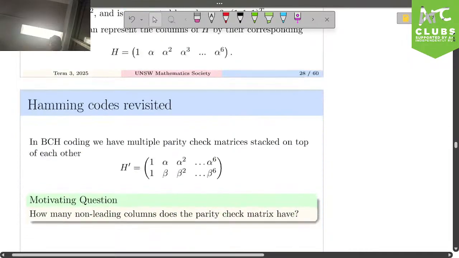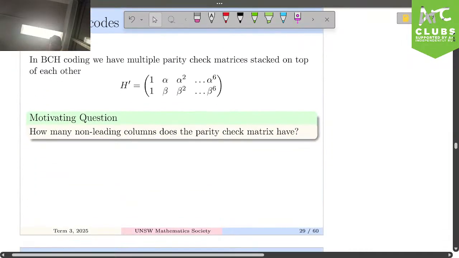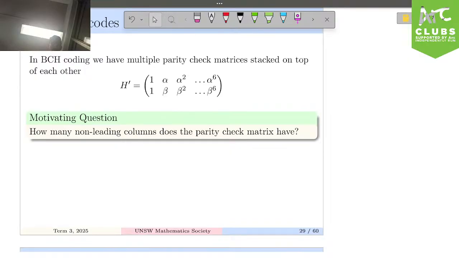Okay? In BCH coding, sometimes if we want 2 error correction, we're going to stack 2 parity check matrices on top of each other. We're going to tell you how these alpha and beta come up and what they are, but for now they're just 2 different primitive elements kind of related to our field in some way.